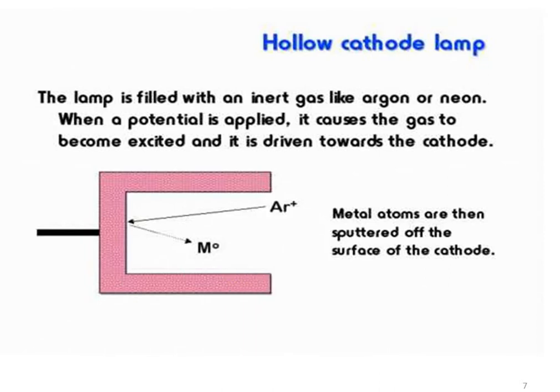Now coming first to the radiation source, that is the hollow cathode lamp. The lamp is filled with an inert gas like argon or neon, and when a potential is applied, it causes the gas to become excited and it is driven towards the cathode. The metal atoms are then sputtered off the surface of the cathode.